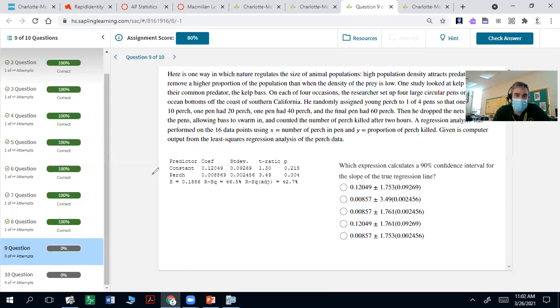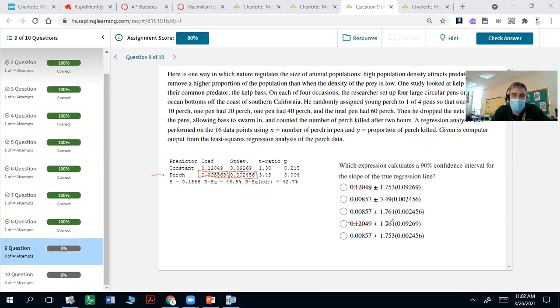Remember, we're only looking at this line here. These are your important numbers: the estimate of the slope and the standard error of that estimate. So if you've gotten rid of those two as possible answers, then we're on a good start.